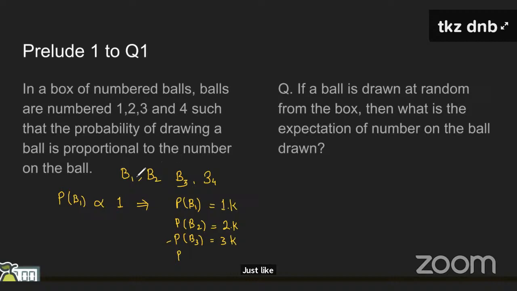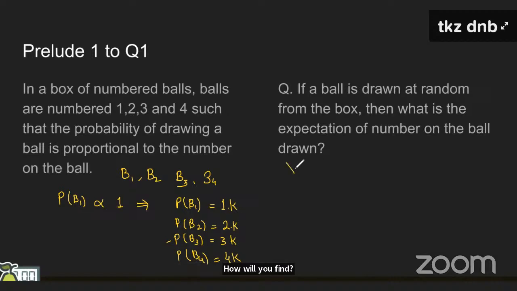The probability of B4 is 4K. Then what was the question? If a ball is drawn at random from the box, what is the expectation of the number on the ball drawn? You have to find the expectation of the number on the ball.